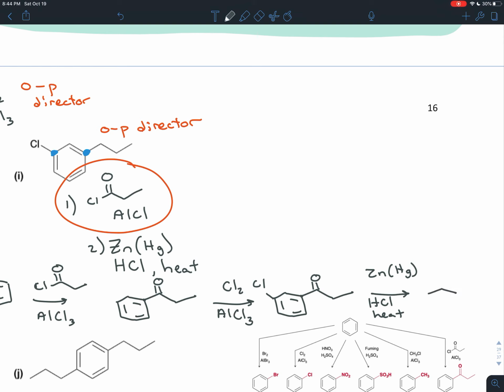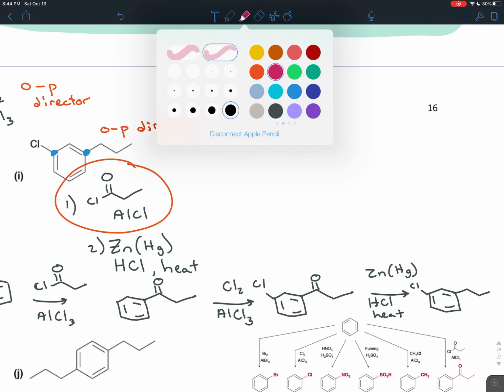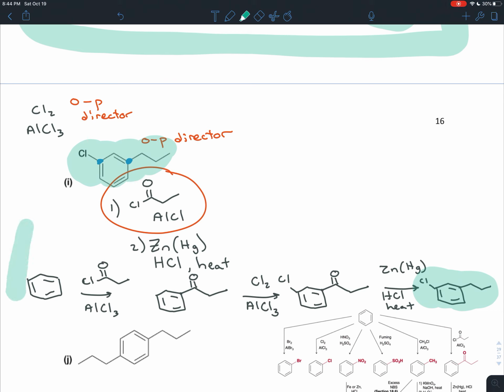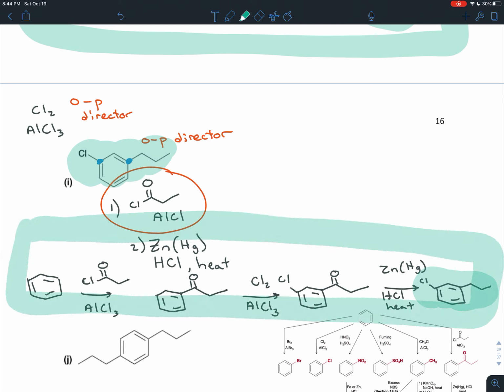And so we would end up having that same molecule but without the acyl group. And that is exactly what we wanted. So this whole synthesis is a valid way of making that polysubstituted benzene from these recipes.